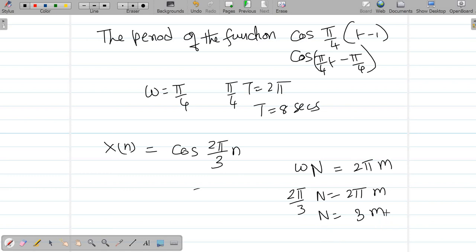N will be the least if m is equal to 1, and N should be an integer, so N is 3. So 3 is the time period of the signal.